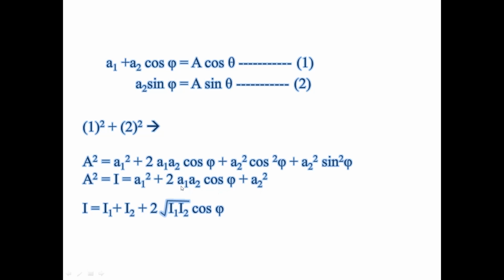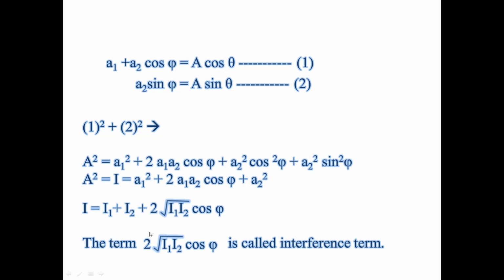And a1 is root of I1 and a2 is root of I2. The term 2 root I1 I2 cos phi is called interference term. If phi is constant, the interference will be sustained interference.